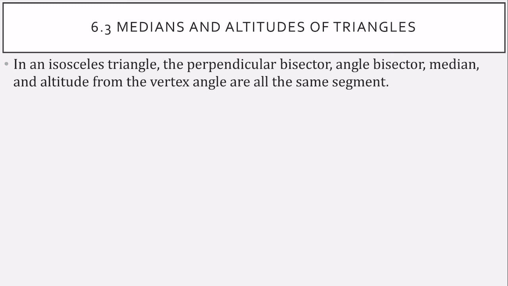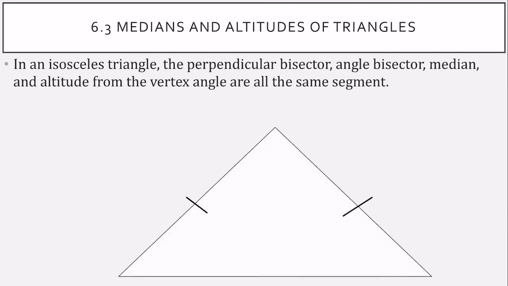In an isosceles triangle, the perpendicular bisector, the angle bisector, the median, and the altitude from the vertex angle are all the same segment. So here's an isosceles triangle, and that's from the vertex angle. So if it's the perpendicular bisector, you can see it's perpendicular and the parts are congruent there.